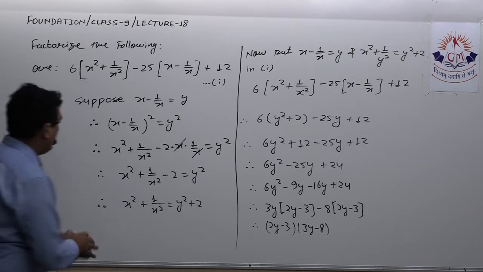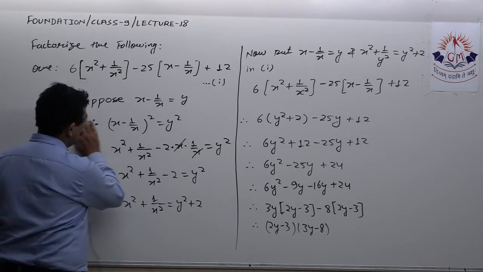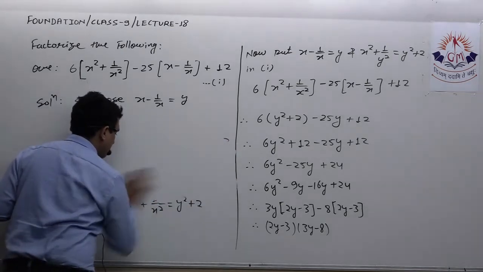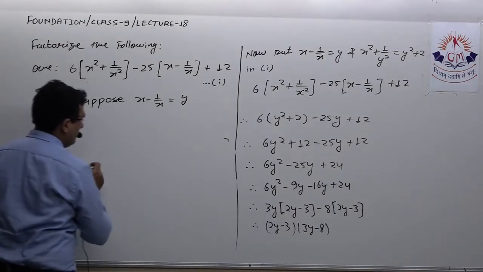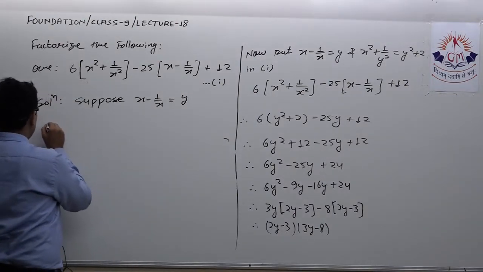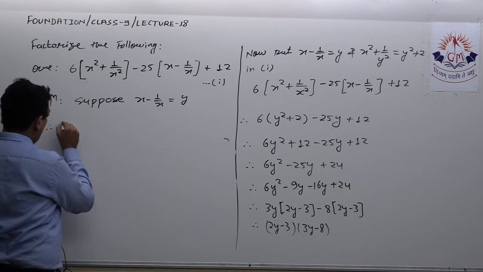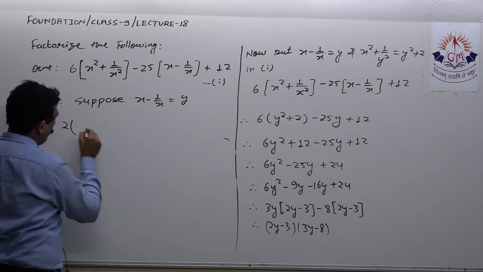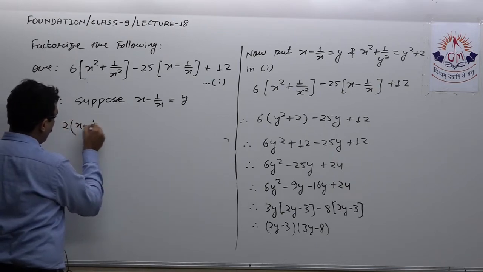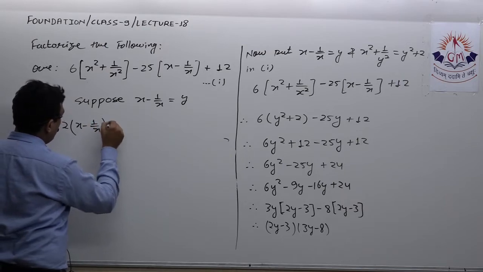Okay, so let us see how to solve it further. Therefore 2, now in place of y I put x minus 1 upon x, minus 3.